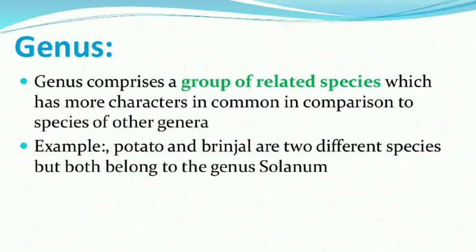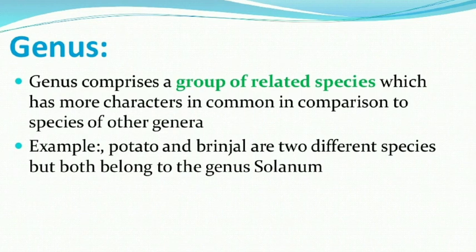Okay. Next category, the second level of category, genus. Here the genus comprises a group of related species which have more characters in common in comparison to the species of the other genera. Species of one genus and species of another genus will have differences, but the species coming under one genus will have more common characteristics.